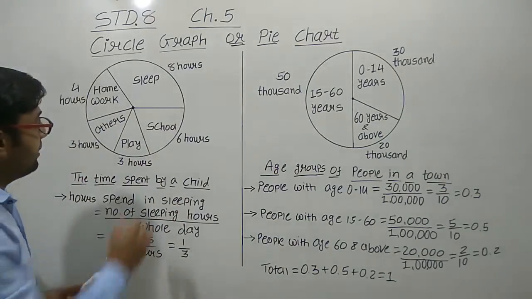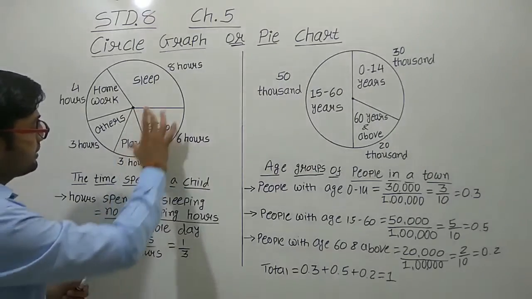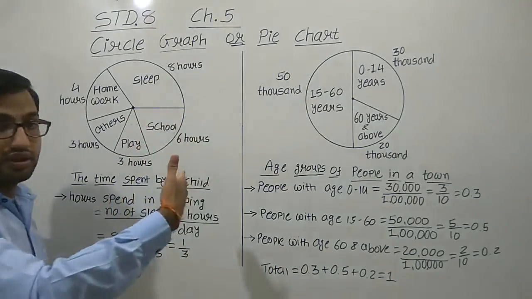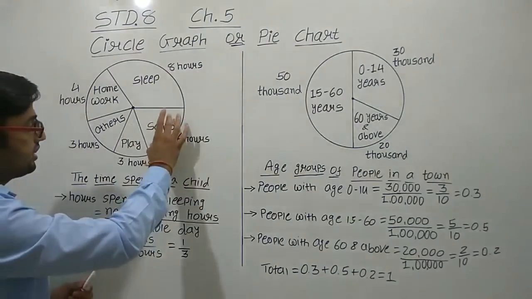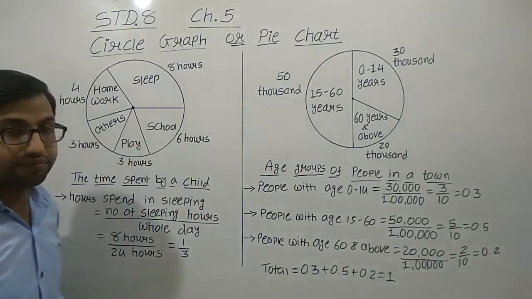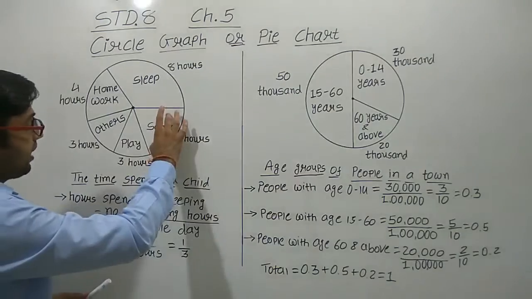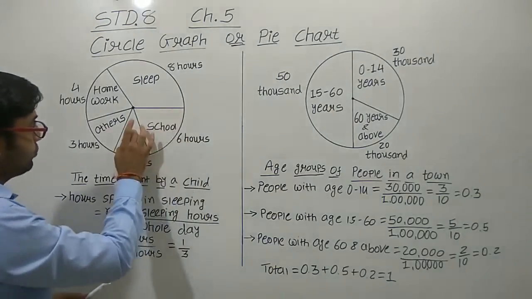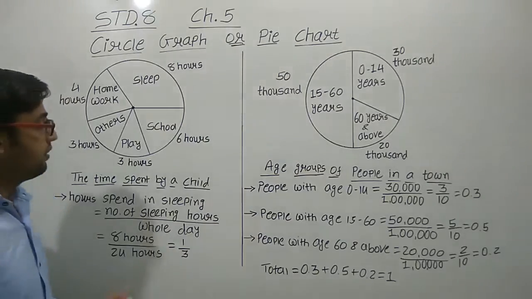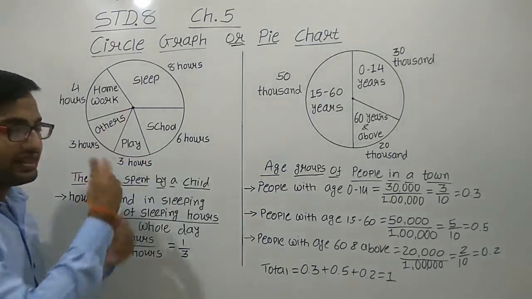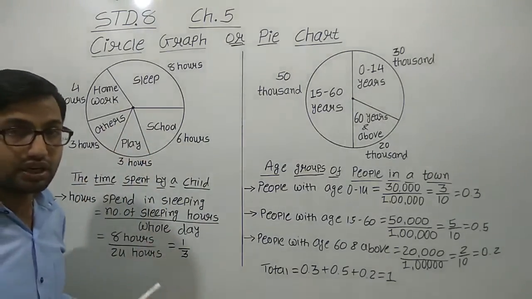And when we draw two lines, this portion is called a sector, right? So how many sectors are there? 1, 2, 3, 4 and 5. We have made 5 sectors here by drawing these lines, and these lines are radii of the circle.